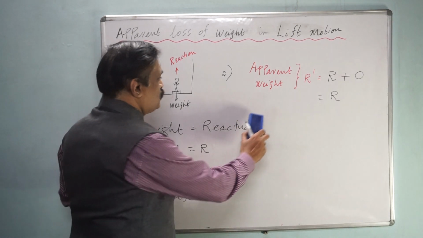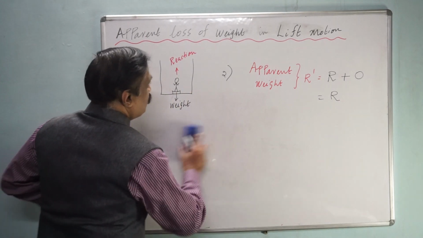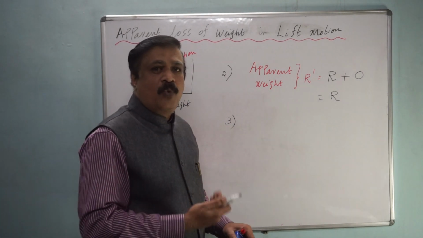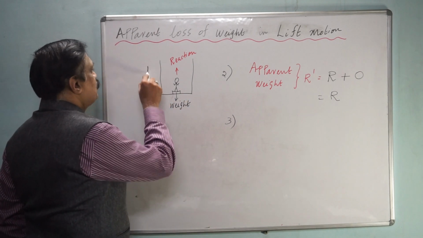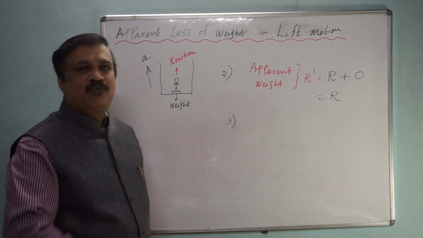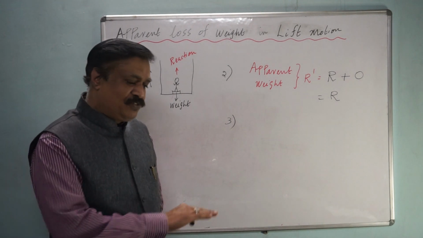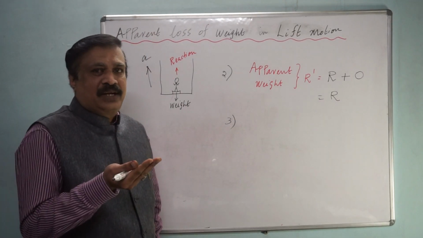Now, the third case, when the lift is moving with some acceleration a in upward direction. That means from ground floor to 7th floor, it is moving with an acceleration, with a jerk.